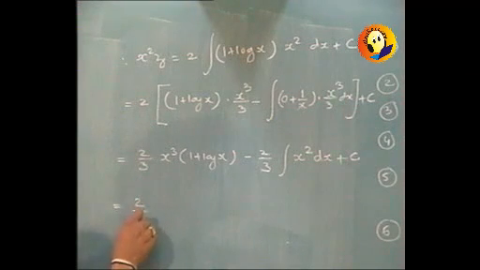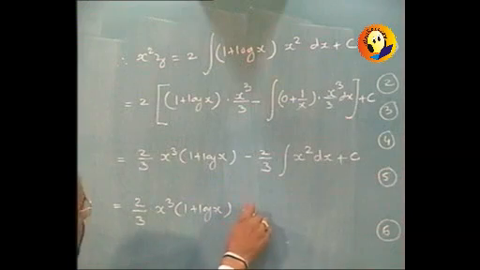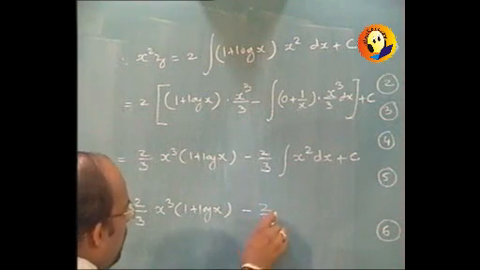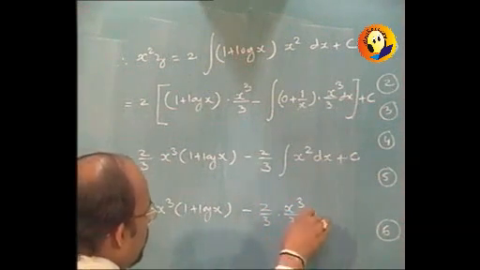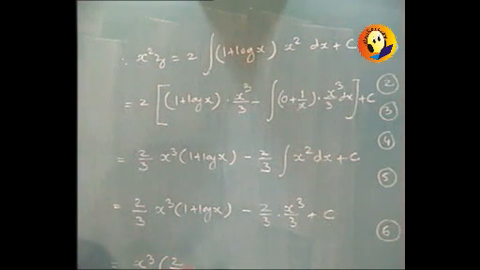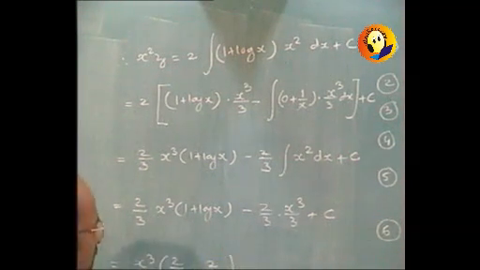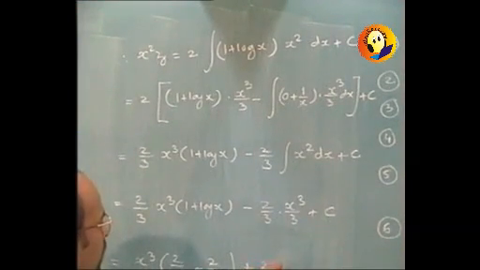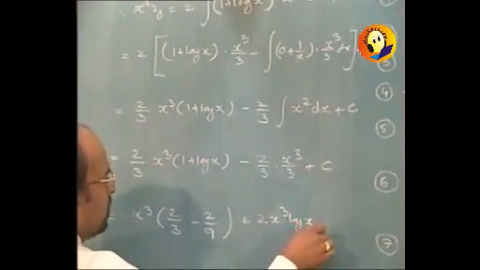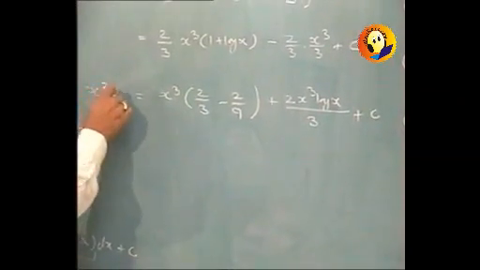It comes out to be 2 upon 3 x cube into bracket 1 plus log x minus 2 by 3 into x cube by 3 plus constant. If you want, you can simplify, because x cube term can now be taken common. It is x cube into bracket 2 by 3 minus 2 by 9, and the second term that remains is plus 2x cube log x upon 3 plus constant, left hand side being x square z.